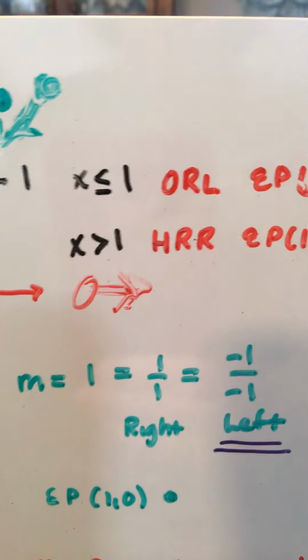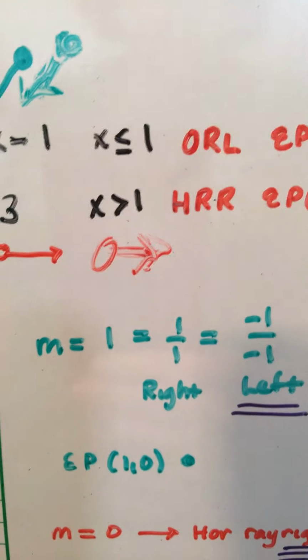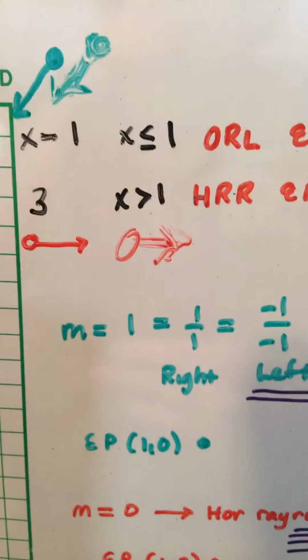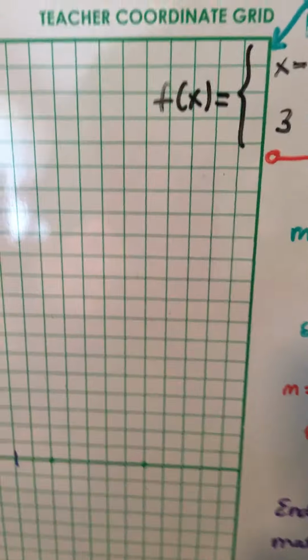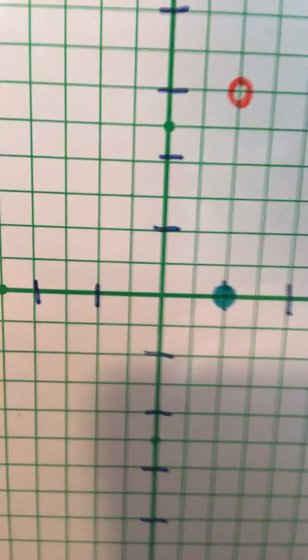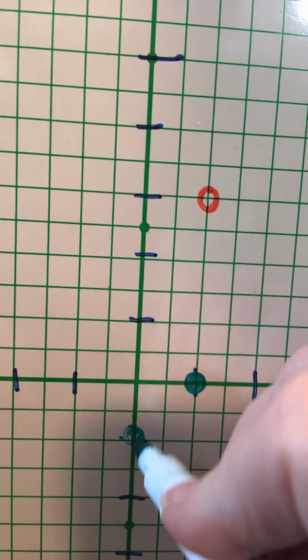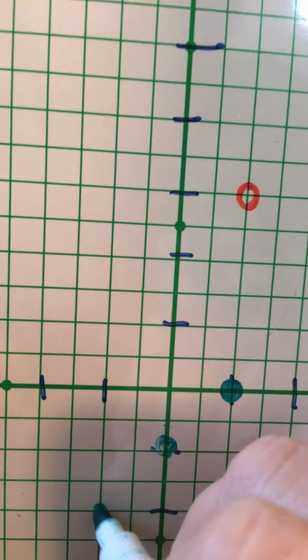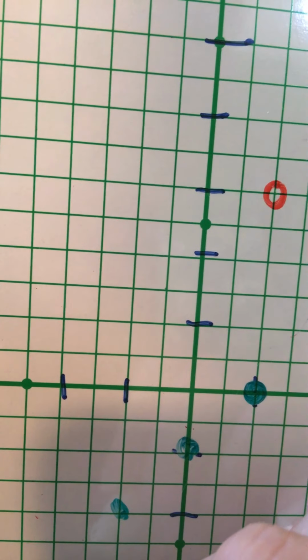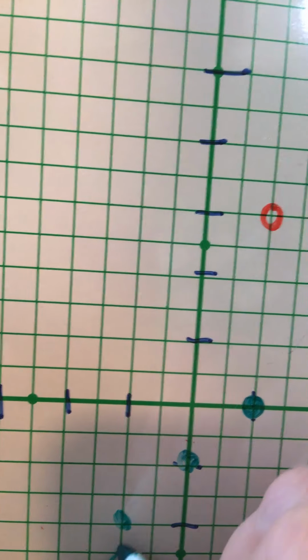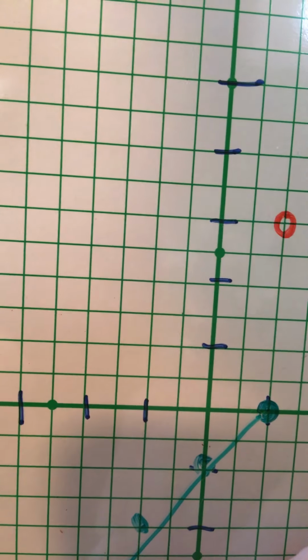Now, for the green graph, the one on the left, we want to do the left slope, which is down 1, left 1. So starting here, I'm going to go down 1, left 1, down 1, left 1, down 1, left 1. As many as you like, folks. Draw the line, put the arrow down.